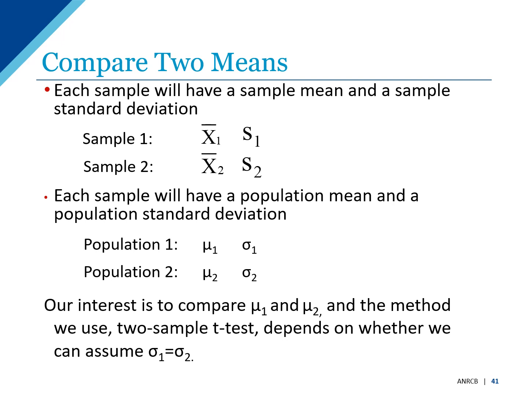Each of our two samples will contain a sample mean, x bar, and a sample standard deviation, s. Each sample will also have a population mean, mu, and a population standard deviation, sigma. Our interest is to compare mu1 and mu2, and the method we use, the two-sample t-test, depends on whether we can assume the variances for both populations are equal.